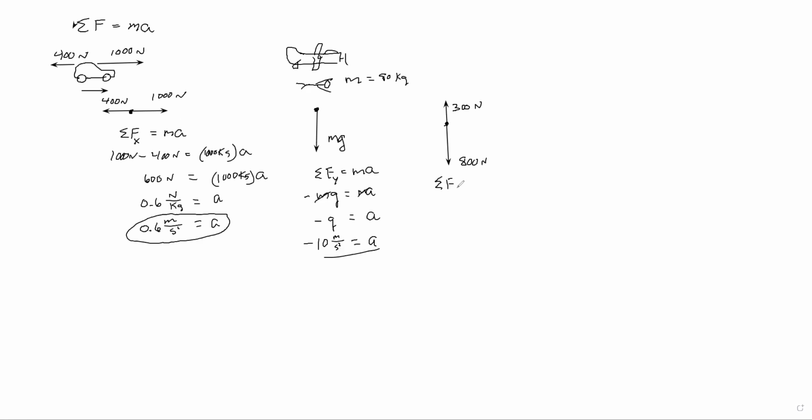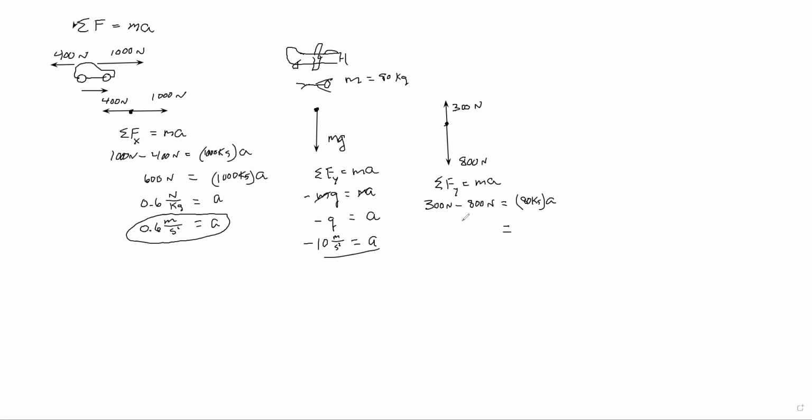The sum of the forces in the y direction equals ma. So we got 300 newtons up minus 800 newtons down equals a mass of 80 kilograms times a.